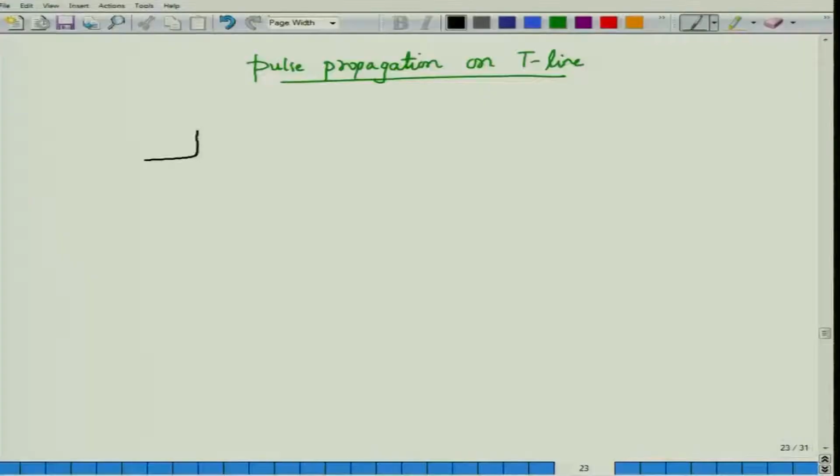You can perform the same operation if you imagine a pulse to be composed of step voltages. And how do we do that? Well, it is very easy. A typical pulse would be of this fashion. You would have a pulse of duration T seconds, which we will call the duration of the pulse. It would have some amplitude V0, but you can imagine that this pulse is actually made out of two step voltages.